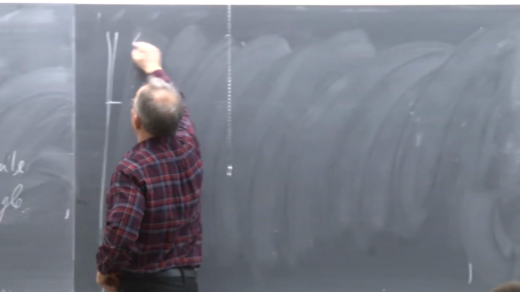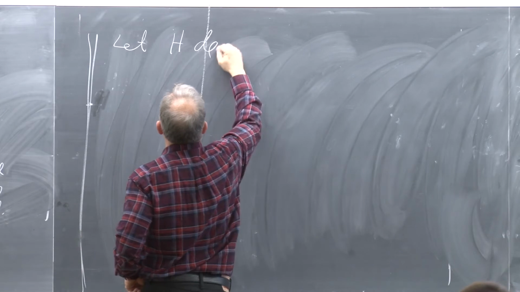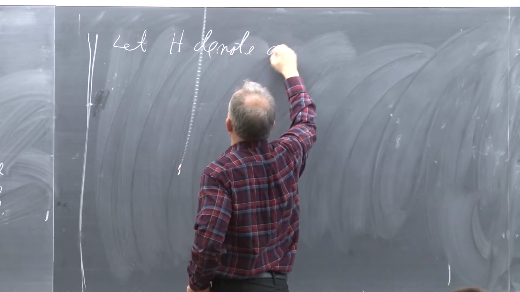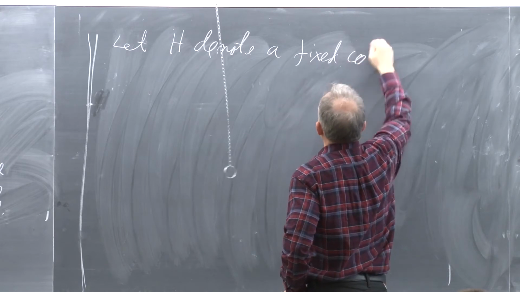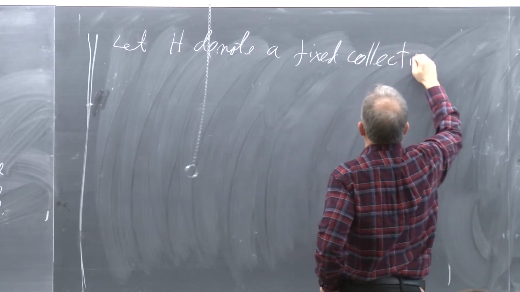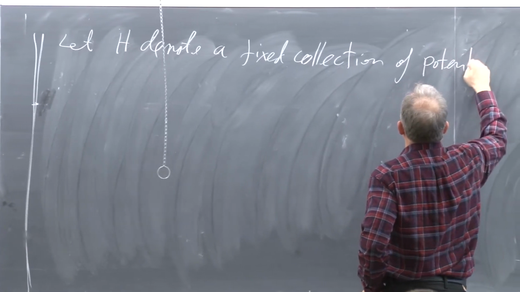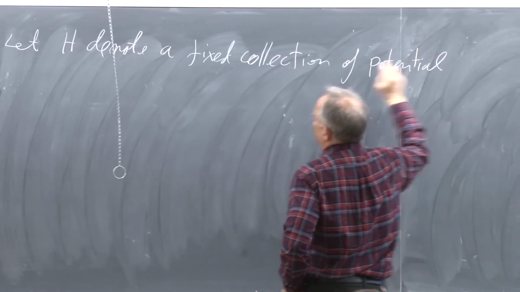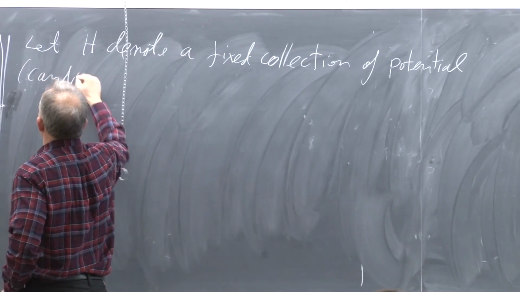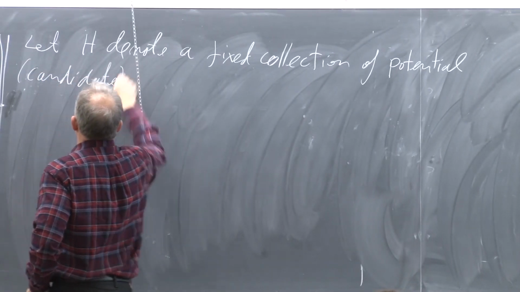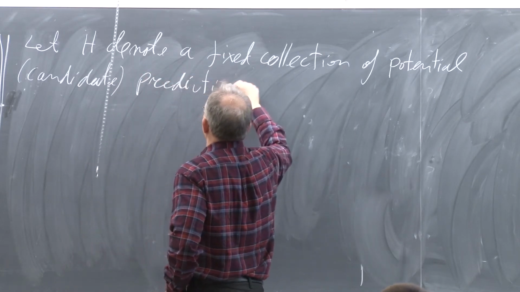Let H denote a fixed collection of potential or candidate prediction rules.